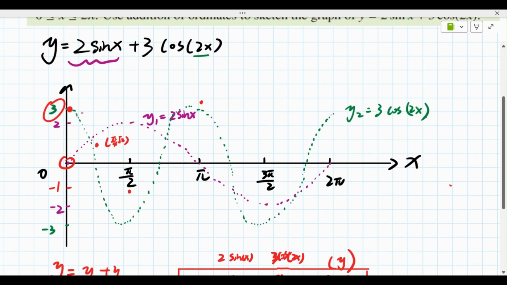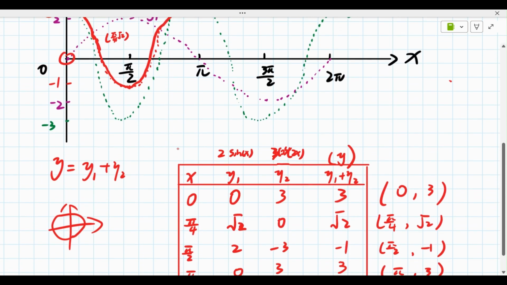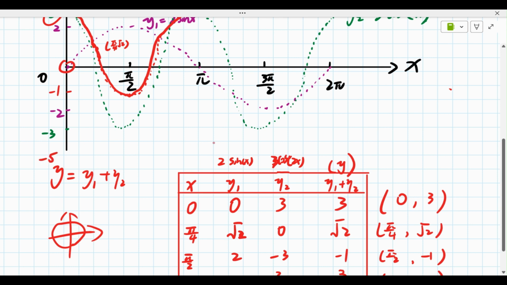Okay, pretty much like that graph. Keep going, keep going. Yeah, perfect. And we're going to 3 pi on 2, which is -5. I'll be down here.